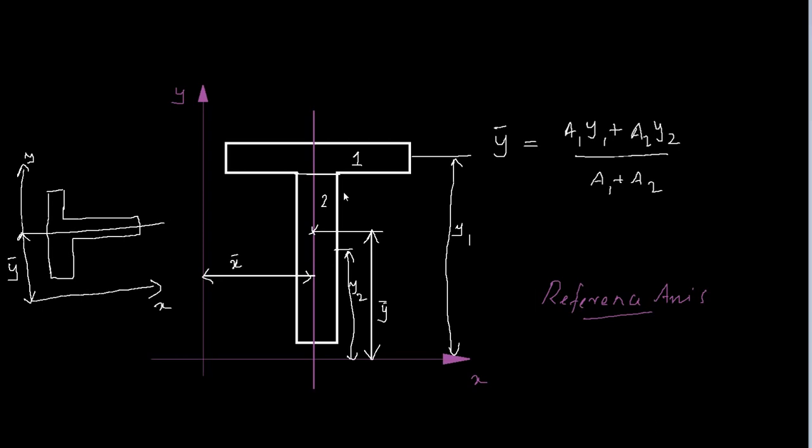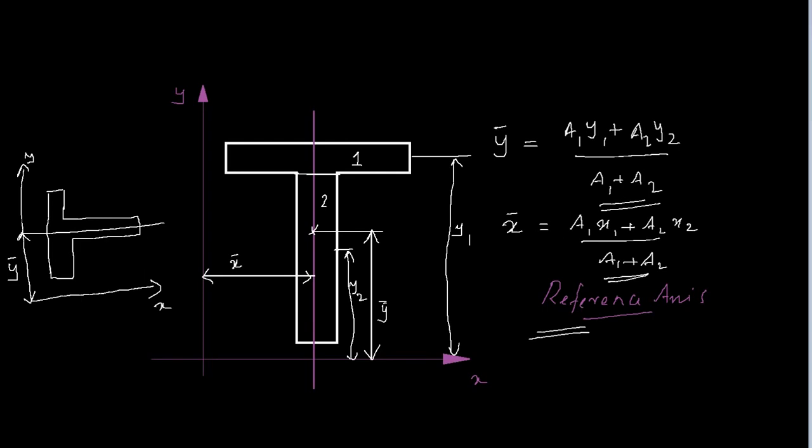So in that case, this equation will change to x bar equal to A1 x1 plus A2 x2 divided by A1 plus A2. So that just depends on the reference axis, the axis you select.